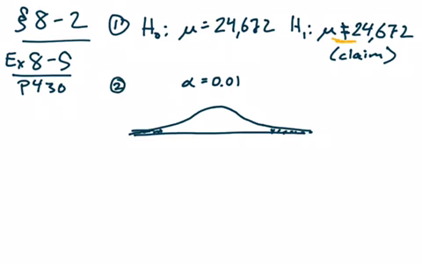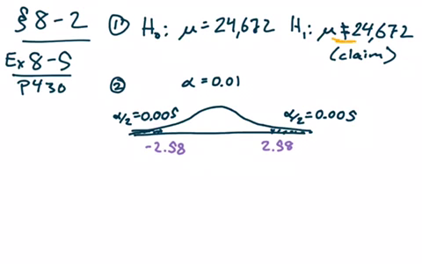And so alpha over 2 on this side, the area underneath the right tail is 0.005, okay? And then alpha over 2 on the left tail, so its area underneath the left tail is 0.005 as well.